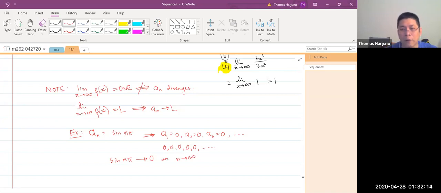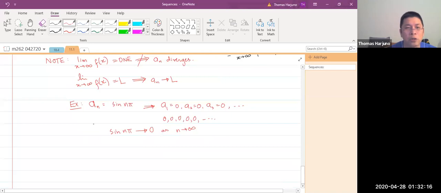Now, however, if you use the method of continuous superposition, let's say you let f(x) equal sine pi x. Notice that this function is not convergent.